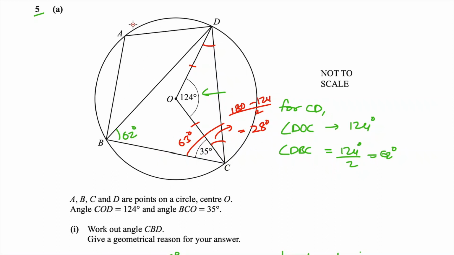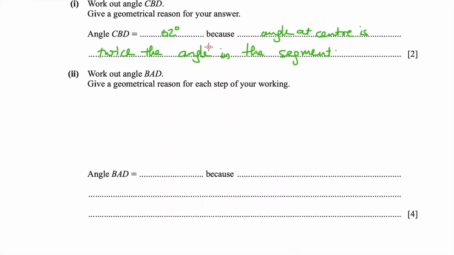Now this is a cyclic quadrilateral, and so if this is 63 degrees, this will be 180 minus 63, which is 117 degrees, and that is the answer that we want. So the correct answer is 117.